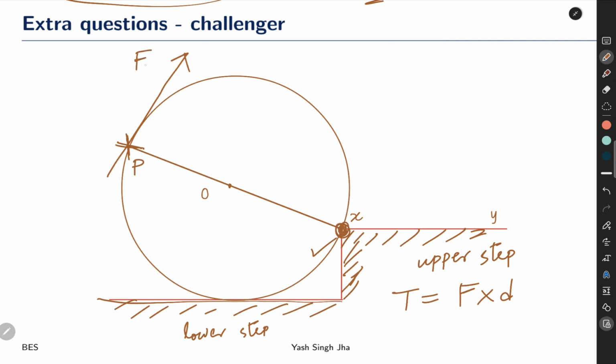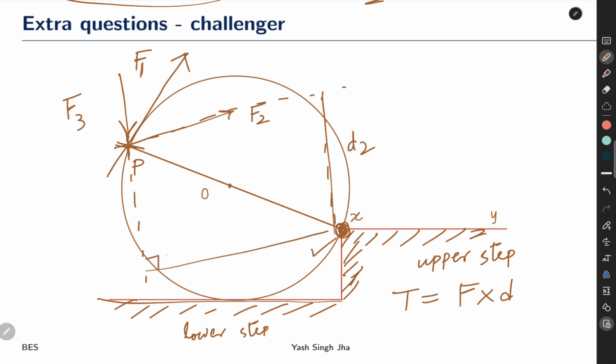Why? This is a question for you. Yeah, F1, let's say there is another force in this direction, F2, and another force in this direction, F3. Yeah, remember the first question we solved? Draw the line of action and find the distances D2, D3 and D1.